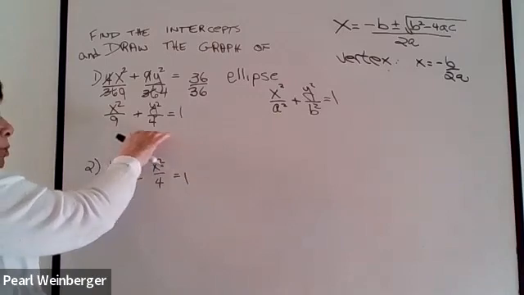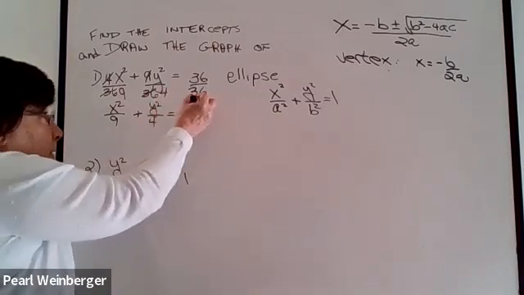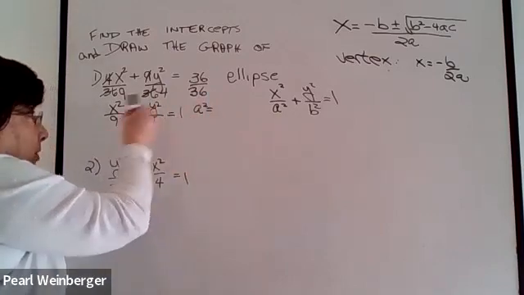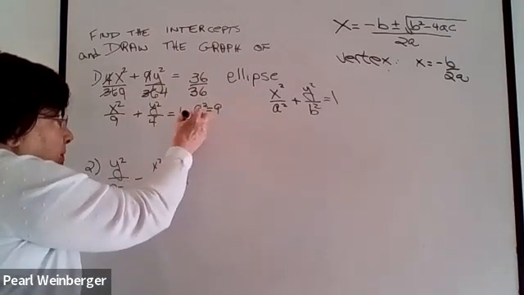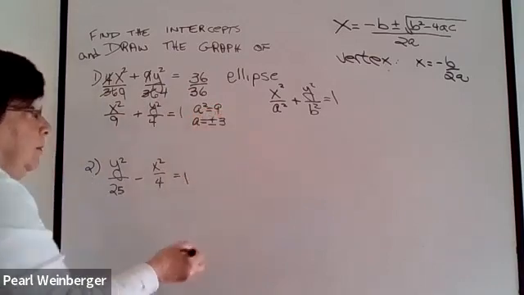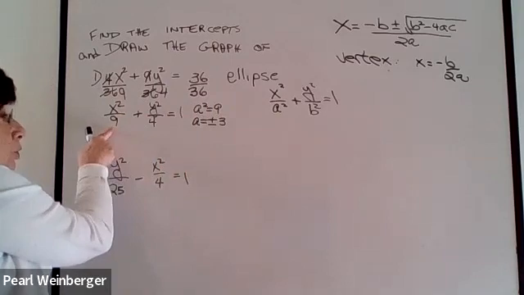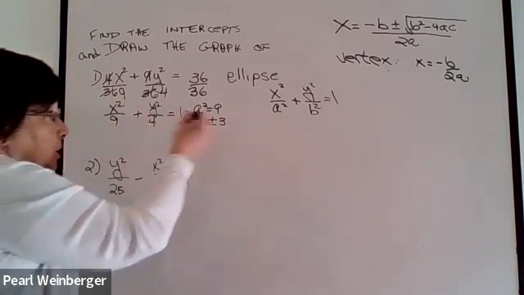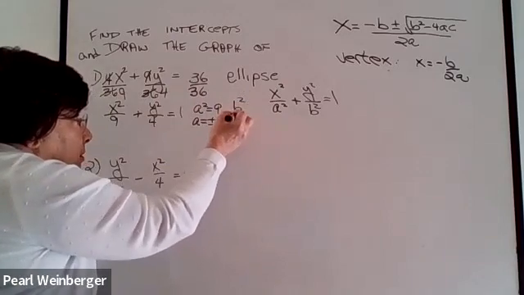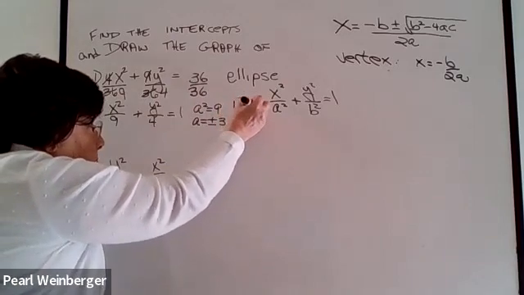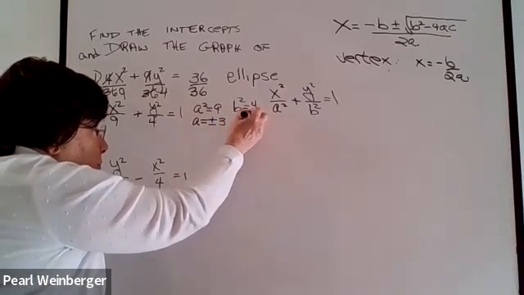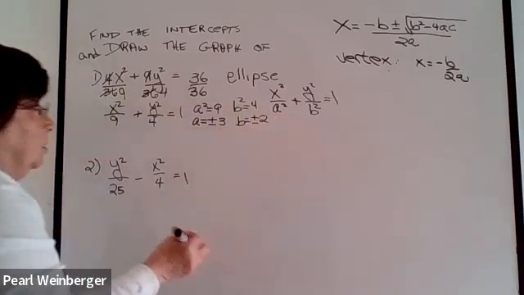And after we put it in standard form, this will give me that my a squared is the 9, which means a could either be plus or minus 3. The a squared is always the number under the x squared. The b squared is 4, which is giving me that the b could be either plus or minus 2.